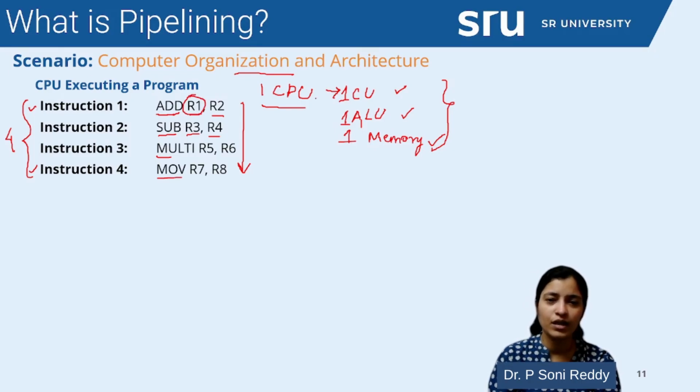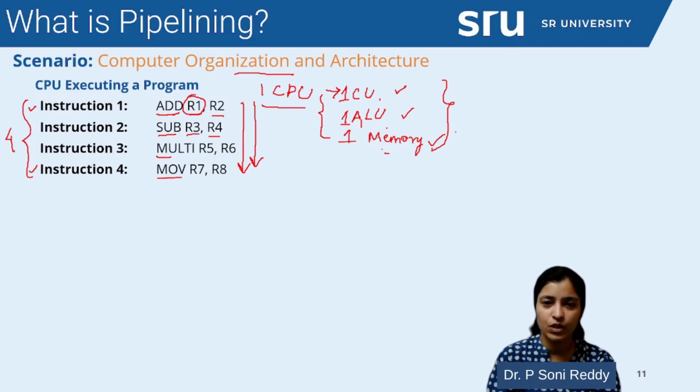So majorly the data path, or the sequence of execution, flows between the control unit, the ALU, and the memory, which is part of your CPU. Clear? In this execution of the program, the instruction flows through control unit, ALU, and memory.